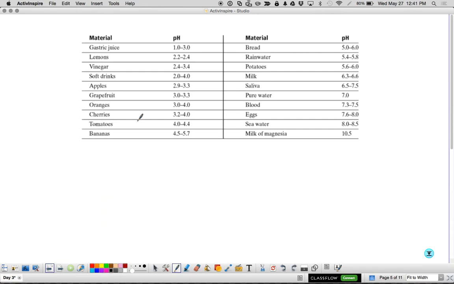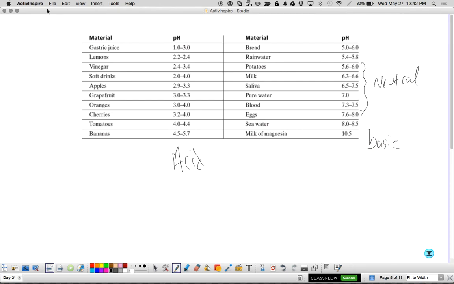So here are some pHs for some common materials. Notice this side is more acidic, these are more neutral, and these are more basic.